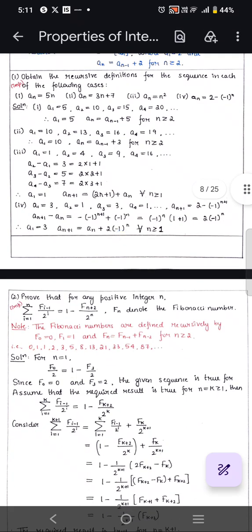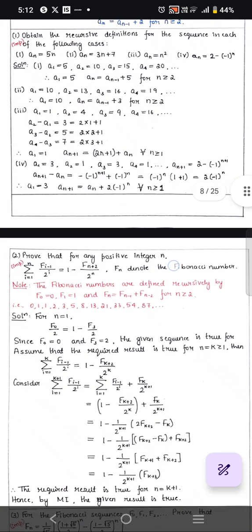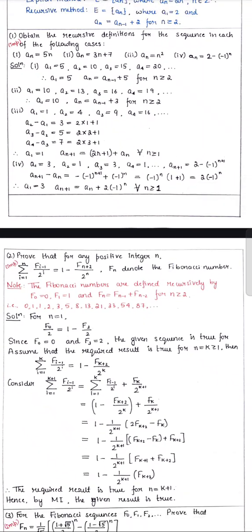The second one is an equals 3n plus 7. a1 is 10, a2 is 13, a3 is 16, a4 is 19.